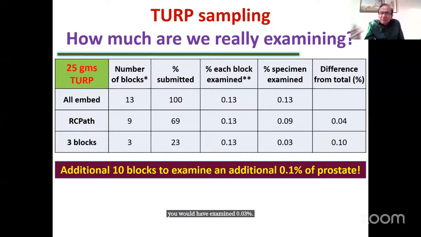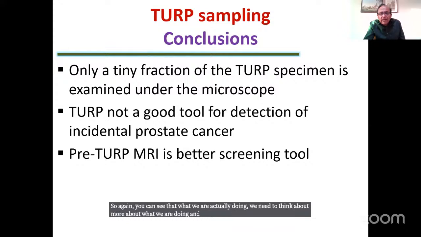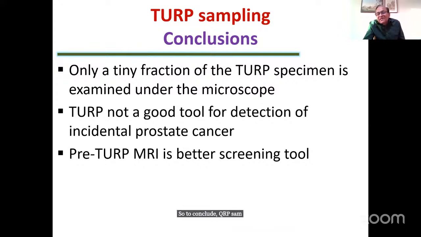So between all embedding 13 blocks and taking 3 blocks, you have taken 10 extra blocks to examine an additional 0.1% of the prostate to find incidental cancer. So again, you can see that we need to think more about what we are doing and whether we need to change. So to conclude, TURP sampling only samples a tiny fraction of the TURP specimen.